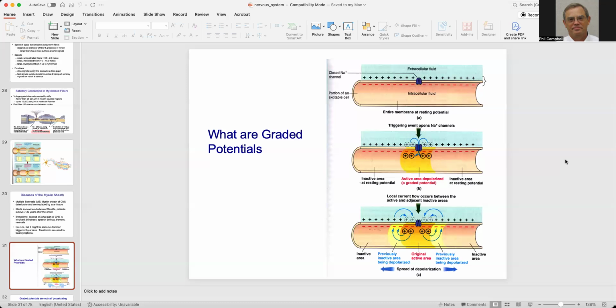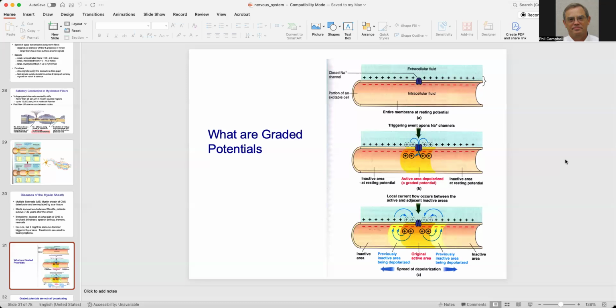So they only occur there, and their job is conduction. Now, let's focus on the next version, which are graded potentials, right? First, graded potentials, as I've already mentioned, are designed for short distance communication.